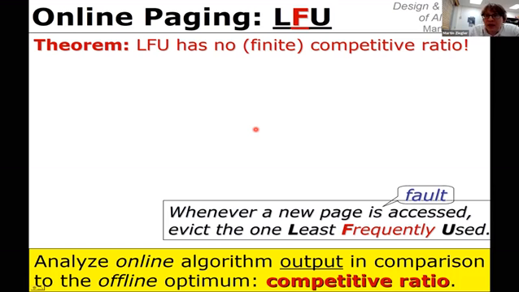And in order to prove that, we've constructed a maybe artificial sequence, but anyway, we've proven that there exists a sequence of accesses performed by a user program such that the least frequently used strategy incurs any larger number, a factor of m more page faults than the omniscient optimal offline algorithm, which can predict the future.